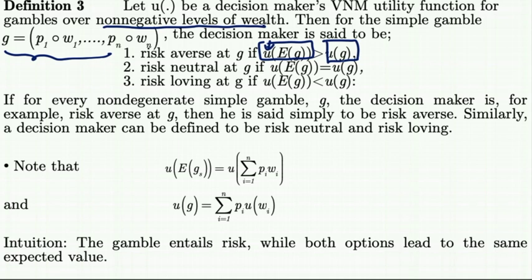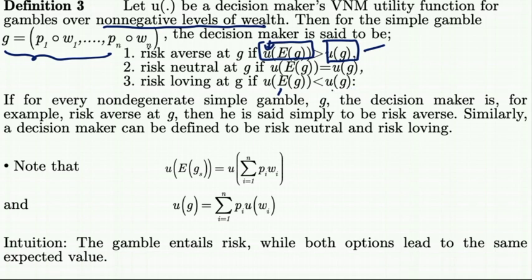And UG is actually the expected utility of the gamble. So if the utility of the expected value of the gamble is larger than the expected utility of the gamble, then the person is risk averse. What about risk neutral? If both of them are equal. What about risk loving? If the first one here is less than the second one.